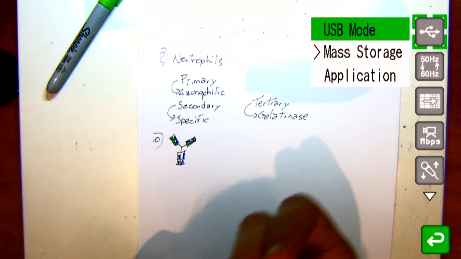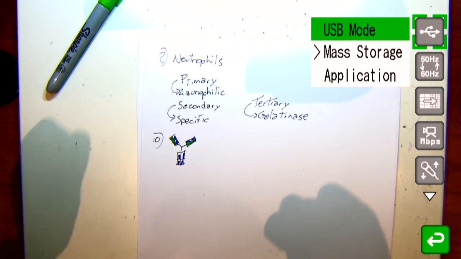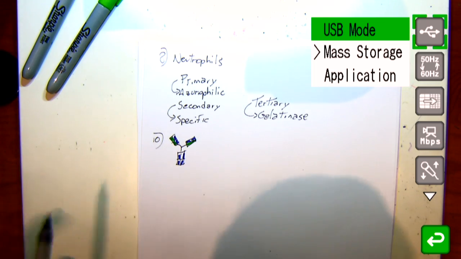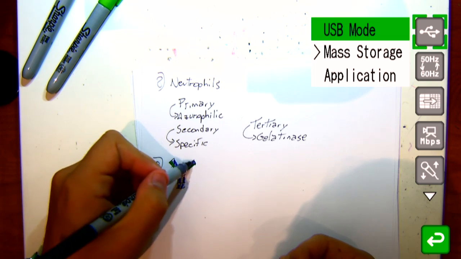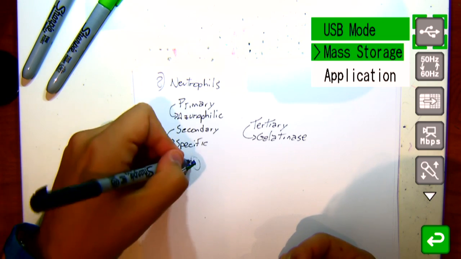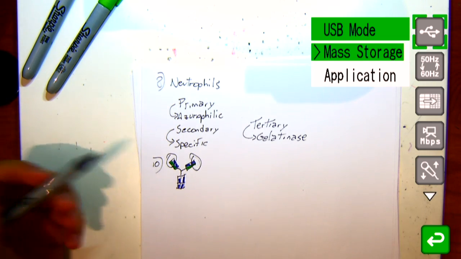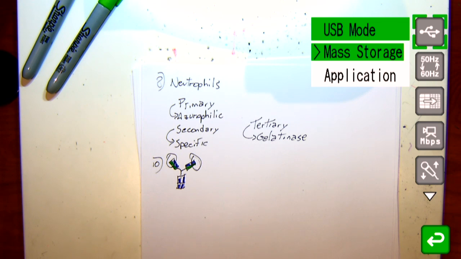Sorry, I was never the artistic kid, so my drawings are not so good, but at least you understand. Anyways, the binding site is right here, 1 and 2. So, for example, a secreted IgG will have 2 binding sites, while a secreted IgA will have 4 binding sites because it's a dimer, and a secreted IgM will have 10, because it's a pentamer.